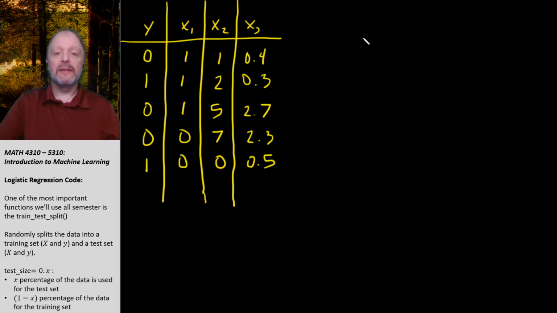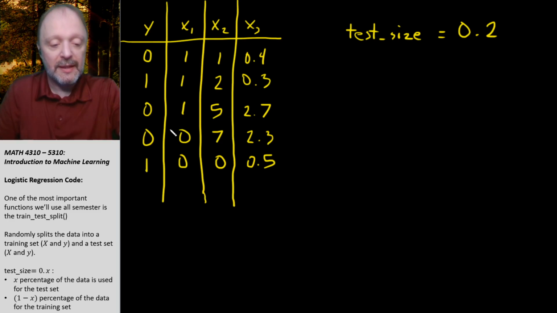And you do the test size. You set your test size to 0.2, so 20% of the data is going to be held out for testing. 80% will be used for training. It's going to randomly select.